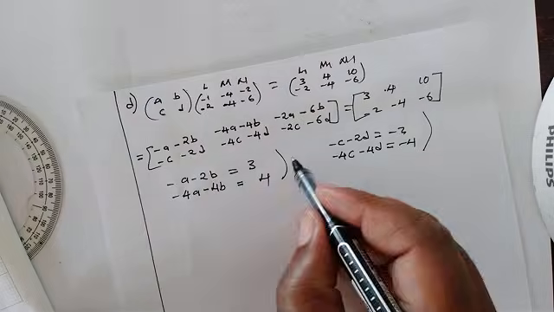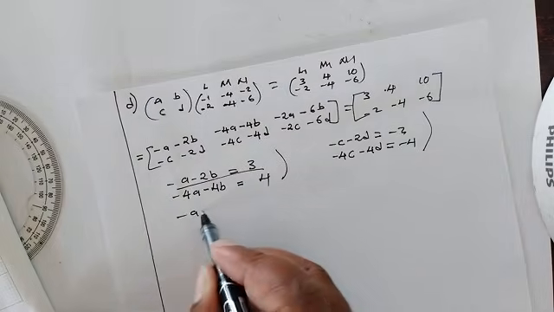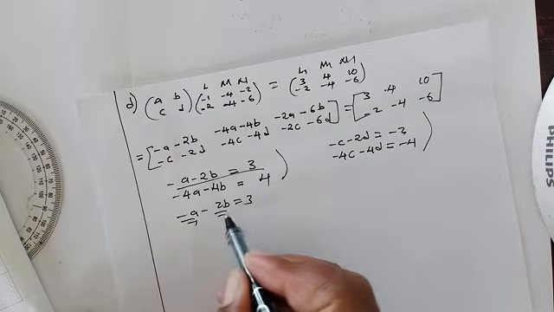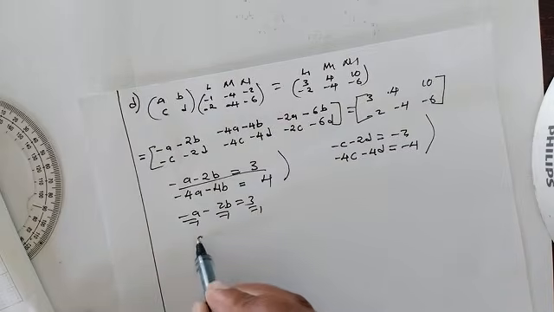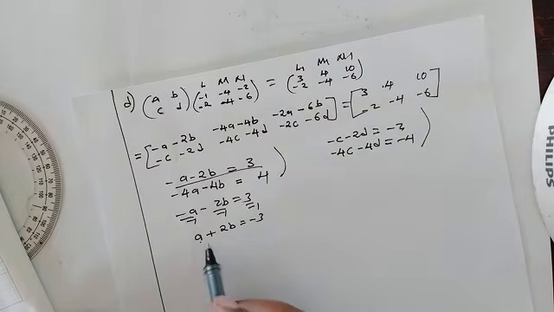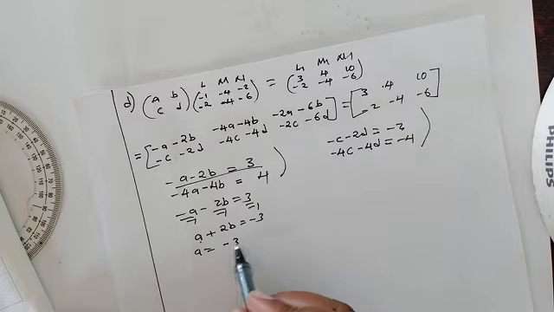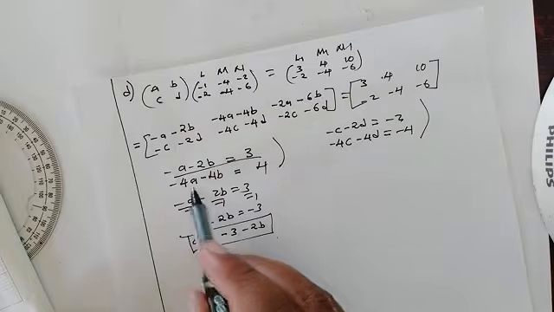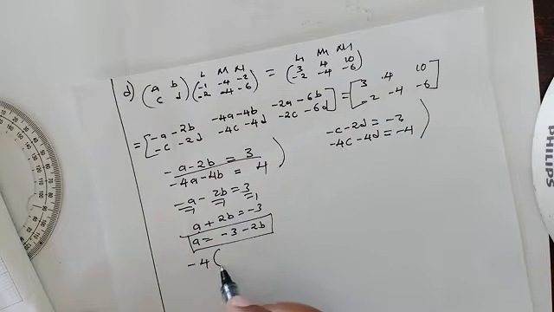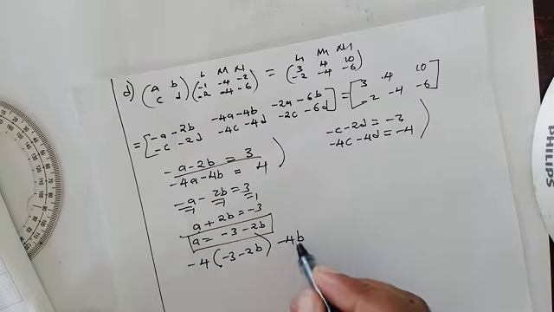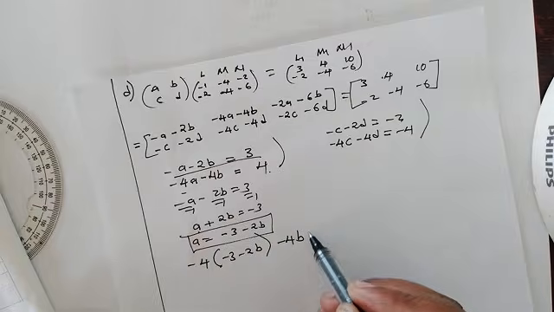Maybe I deal with this one, -A minus 2B is equal to 3. I get rid of the negative, -1, -1, -1. This is A plus 2B is equal to -3. You make A the subject, so A will be equal to -3 minus 2B. This is what you've created, meaning that where there is A, we put this one. So we have -4, open the bracket, -3 minus 2B, minus 4B is equal to 4.